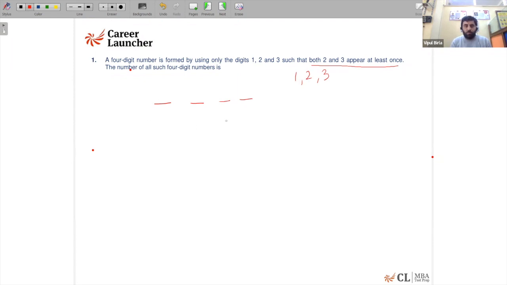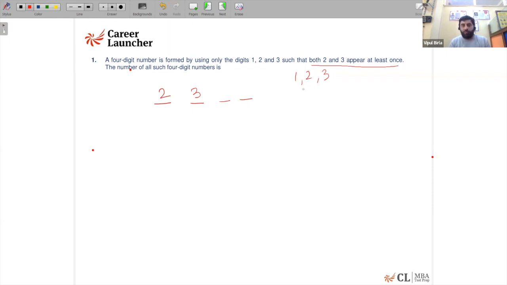So that means out of those 4, 2 places are already occupied with 2 and 3. Now the other 2 places we have to choose from 1, 2, 3. So we need to make all the possible cases, count the numbers formed in each, and this way calculate the total number of 4-digit numbers.